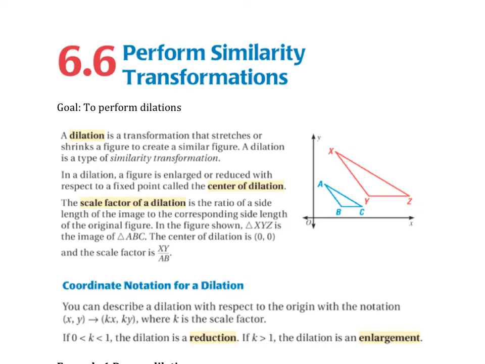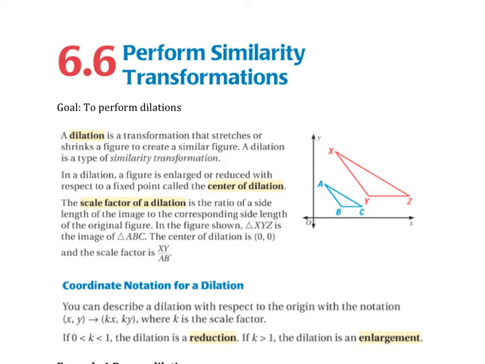This last section of Unit 6, we're going to perform similarity transformations. Dilations are similarity transformations. They shrink or stretch a figure to create a similar figure. In this dilation, a figure is enlarged or reduced with respect to a certain fixed point, which is called the center of dilation.